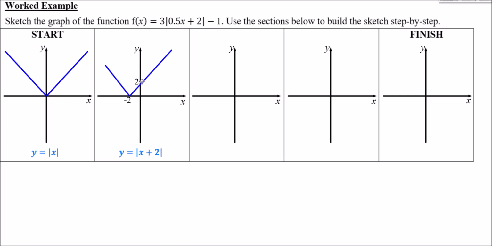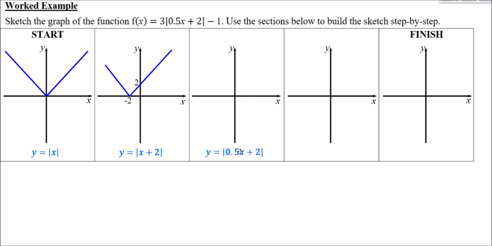So, the next thing. We've done the plus 2 part. We've still got some bits inside the modulus symbol to contend with. We need to now deal with this 0.5 part. So we're now going to go from y equals mod of x plus 2 to y equals mod of 0.5x plus 2. So the 0.5 isn't going to multiply x by 0.5, it's going to divide x by 0.5.